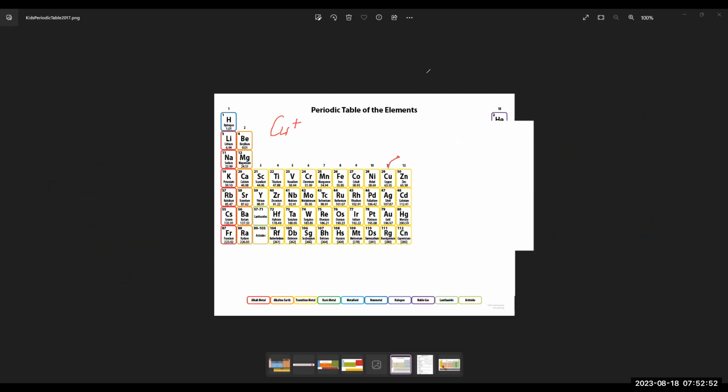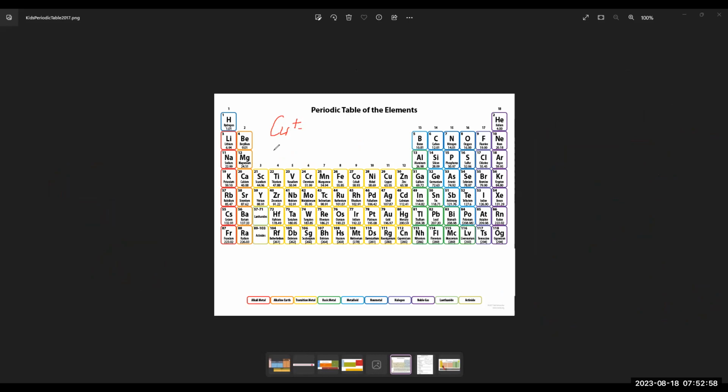Oh, you want to see the noble gas configuration? Write the configuration of Cu, just Cu, in terms of noble gas: argon 3d10 4s1. Can I say that?